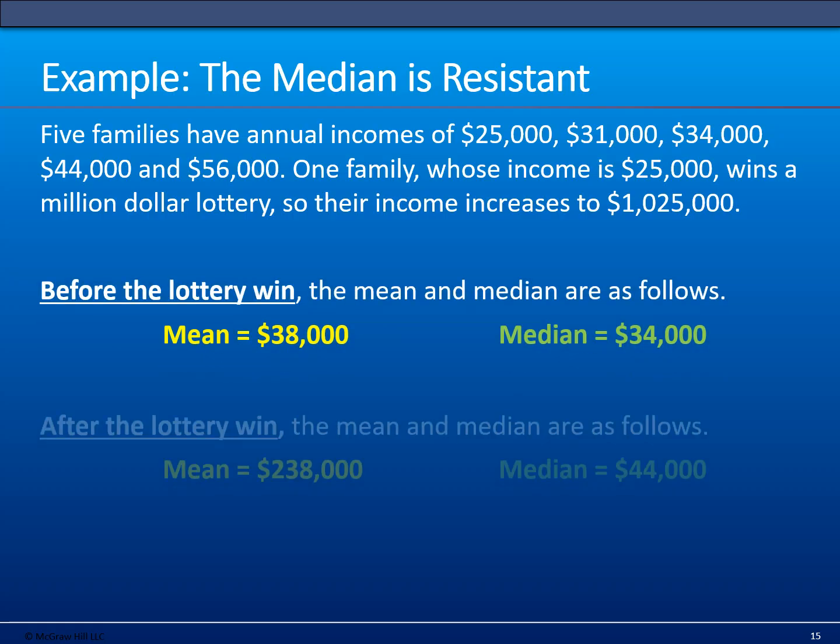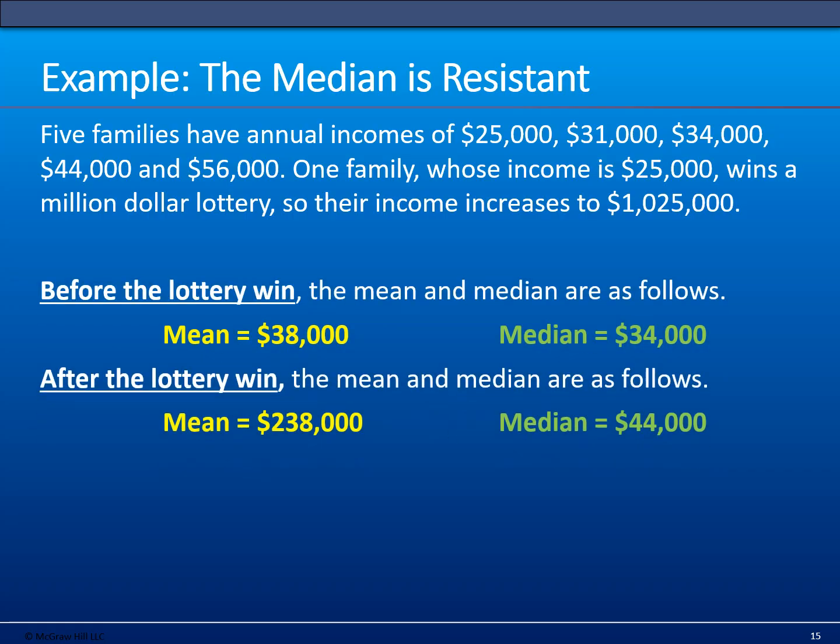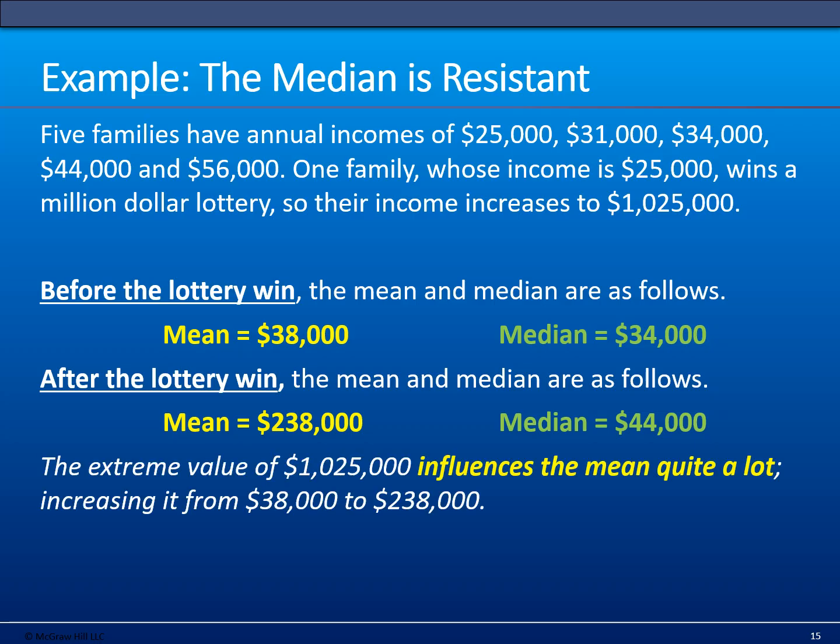Here we see the mean of $38,000 and the median of $34,000 in the first 5 numbers before the lottery win. But notice what happens after the lottery win. The mean has jumped up by $200,000, whereas the median has only jumped up by $10,000. So can you see a reason why we might want to use mean at some times and median at others?